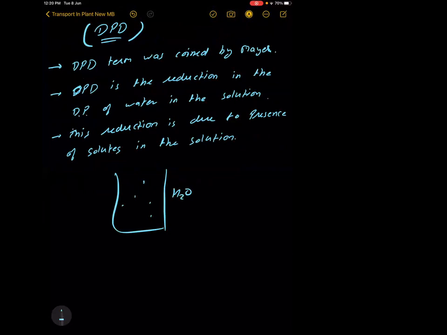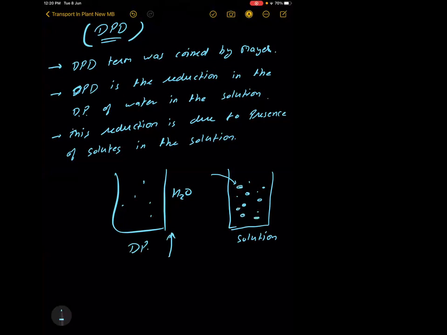Here the DP of water, meaning diffusion pressure of water, is maximum. But after adding some solutes, these large molecules, it becomes a solution.